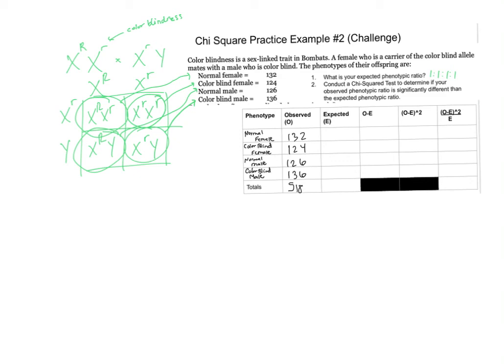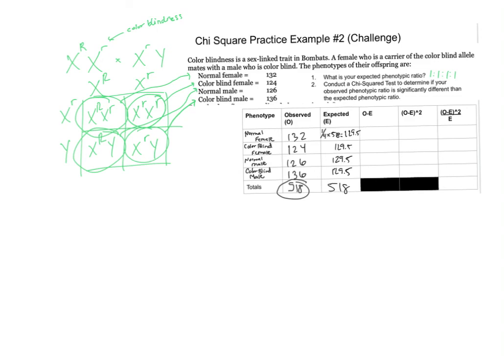Okay, so there are my phenotypes and the observed values, and I've added them up to get 518. So now we can calculate our expected values, which is where we're going to take our phenotypic ratio and apply it for each phenotype. So again, every phenotype should be 1/4 probability, and so you're going to take 518 and multiply it by 1/4 for all 4 of these.